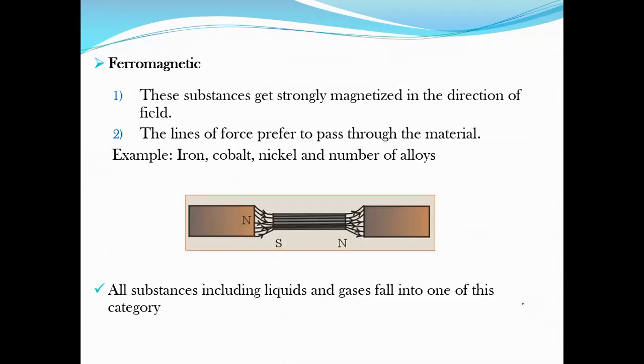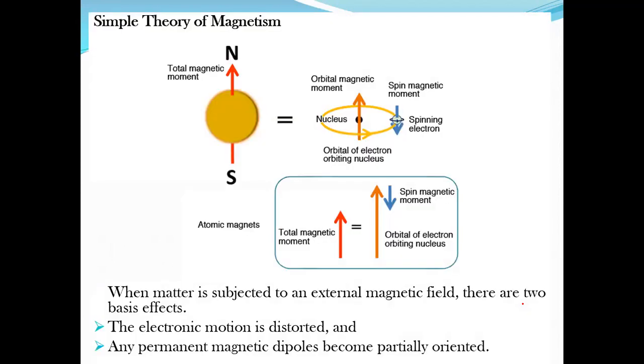Then the ferromagnetic: these substances get strongly magnetized in the direction of the field. The lines of force prefer to pass through the material. Examples are iron, cobalt, nickel, and a number of alloy materials. All substances, including liquids and gases, fall into one of these categories. These are the behaviors of each.